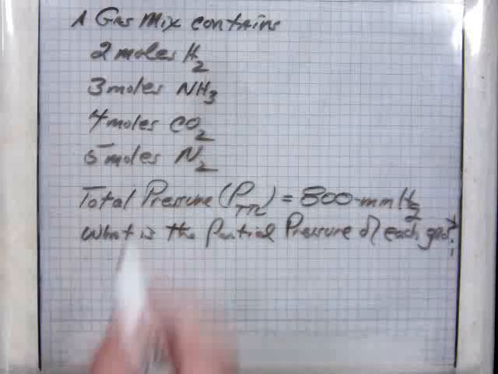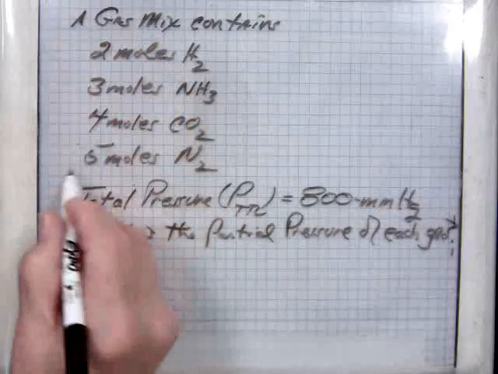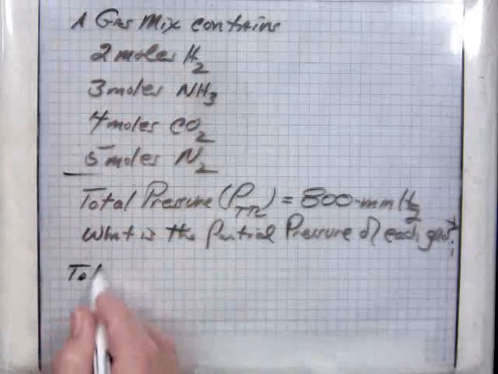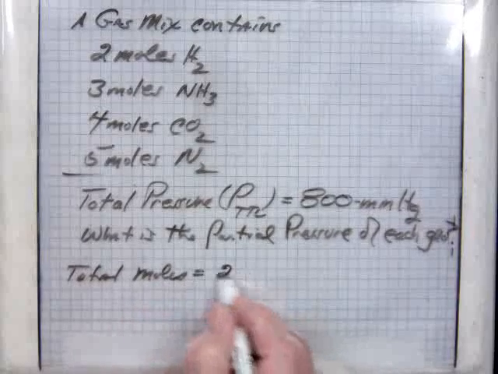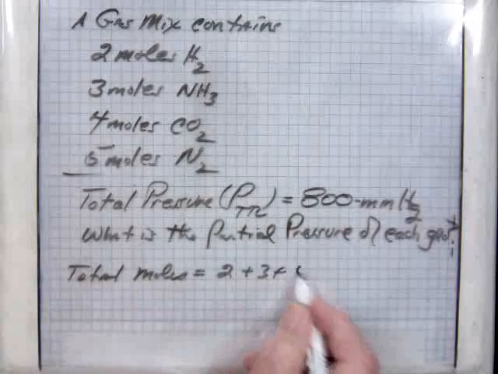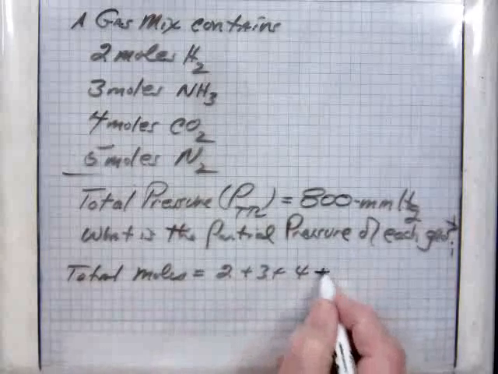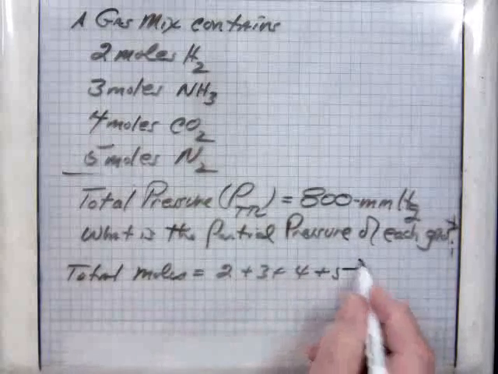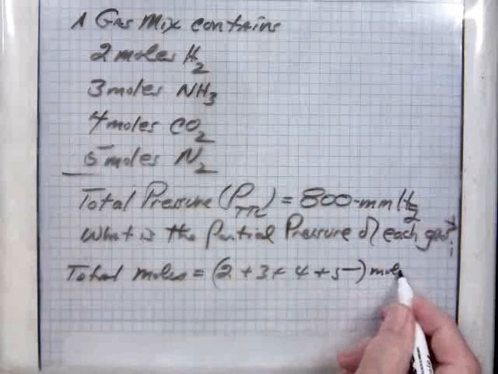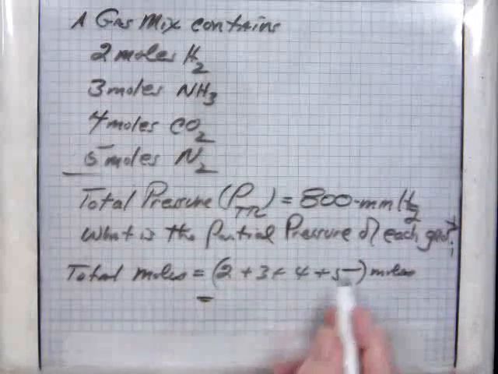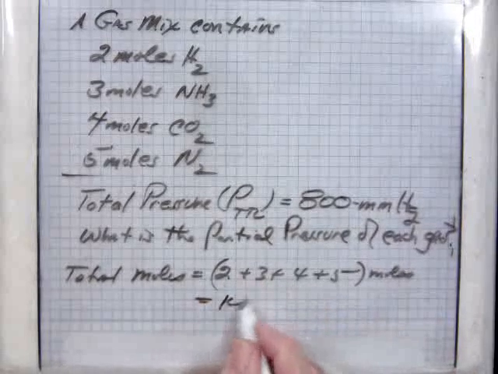So if I add up the total moles, it is 2 plus 3 plus 4 plus 5, which is 14 moles.